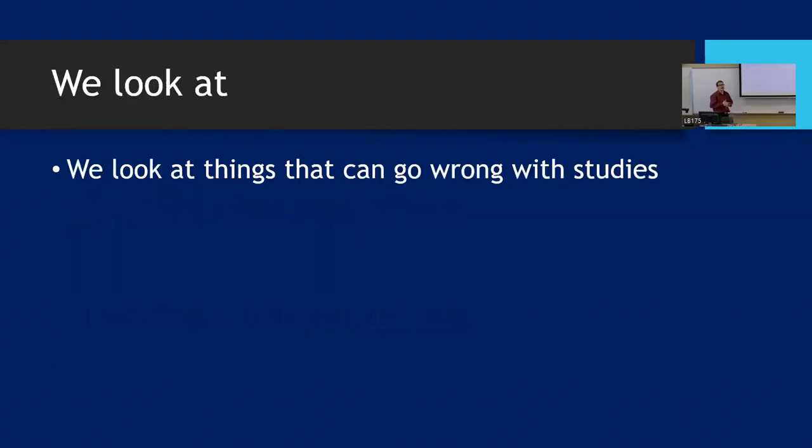So we're going to start out looking at some things that can go wrong with studies. And then we'll look at some ways that we can manipulate the way people see results in the second part of manipulating statistics. So in this part, I want to look at some things that can go wrong with studies.